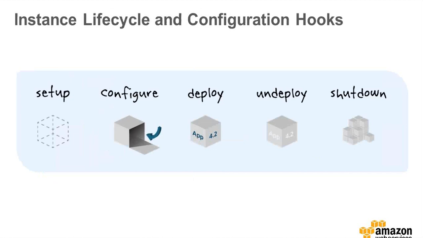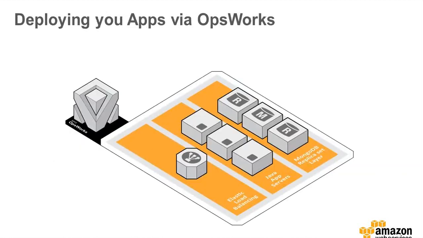They can talk to each other at setup, at configuration, at deployment of your application and code and any other assets or resources that you require deployed to a particular instance in a particular tier, as well as you can also roll back and undeploy a component, an application, or a configuration, and also have hooks into a shutdown behavior for your environment.